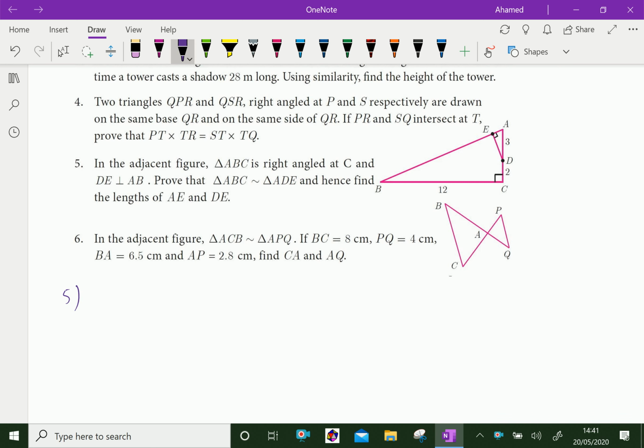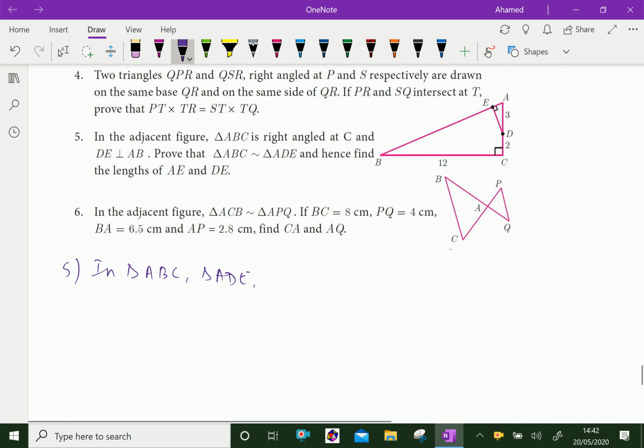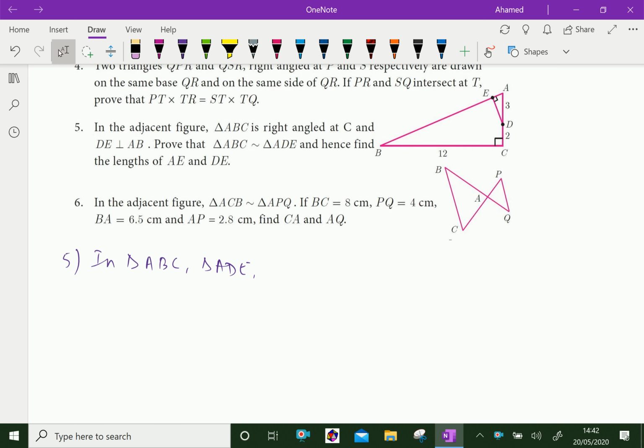Here, in triangle ABC and triangle ADE, angle A is common for both.